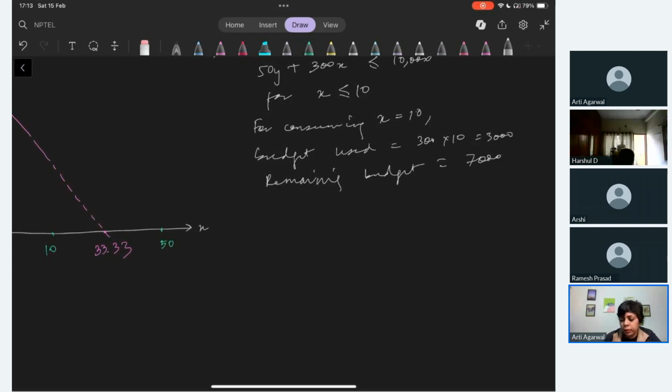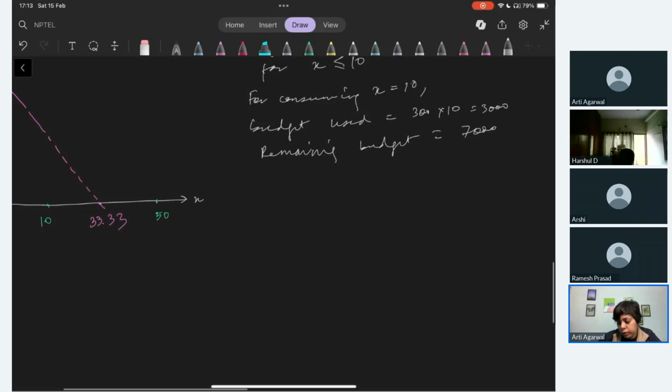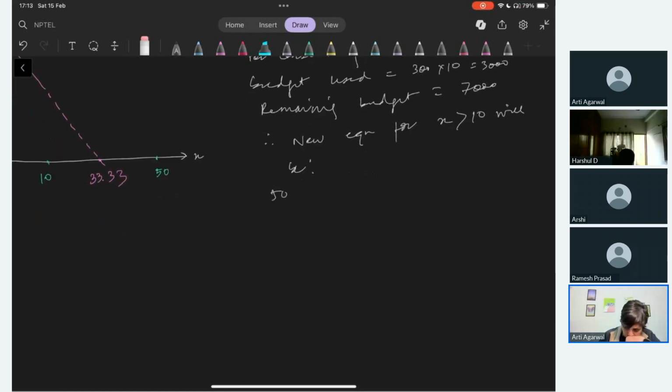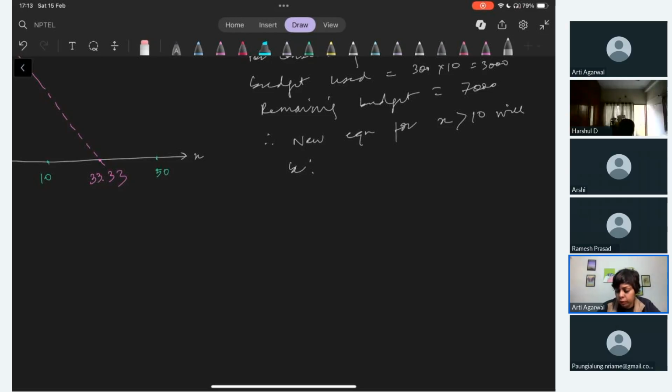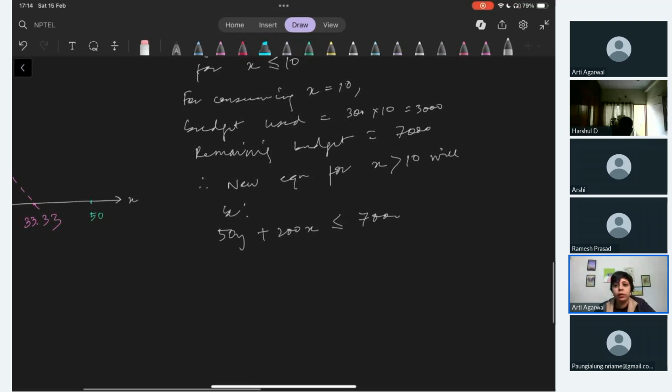From 10,000, 3,000 bucks is gone. Therefore, you can say the new equation for x greater than 10 will be 50y plus 200x is less than or equal to 7,000. Right?